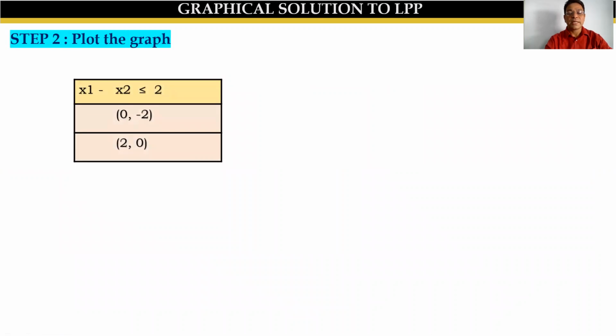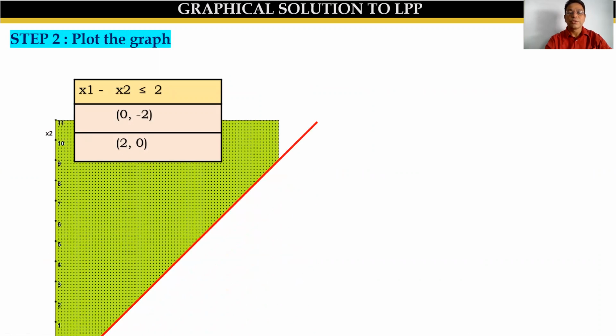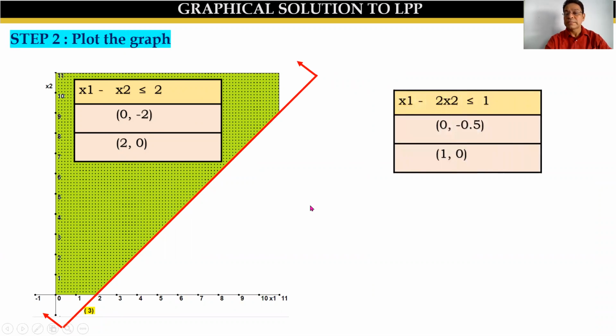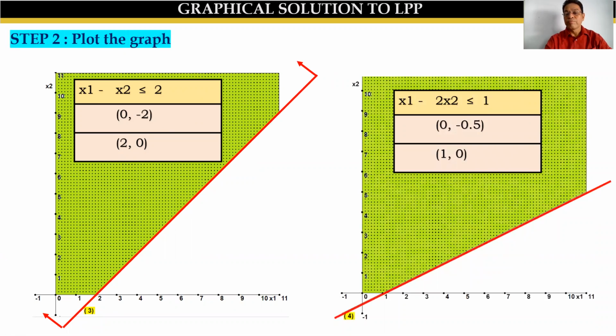We have the third constraint, x1 plus x2 is less than or equal to 2. Less than or equal to 2 means this side we are more than 2, this side we are less than 2, because this is 3, 4, 5. So less than 2 towards the origin. So this is the shaded area. And for the fourth constraint, we have this as the shaded area.